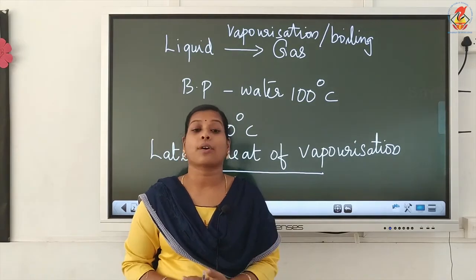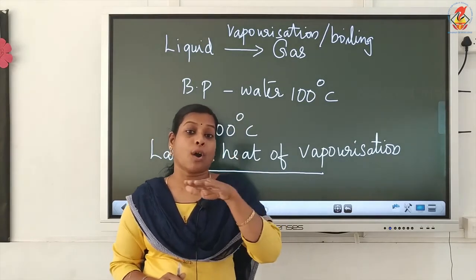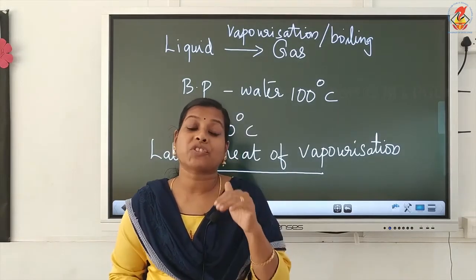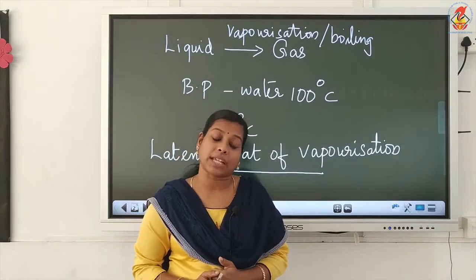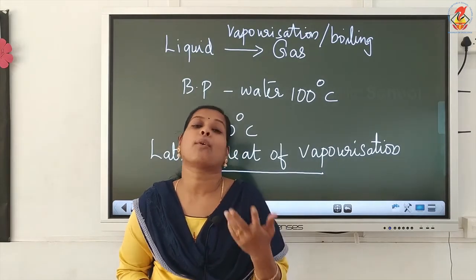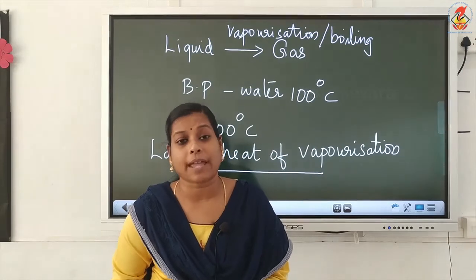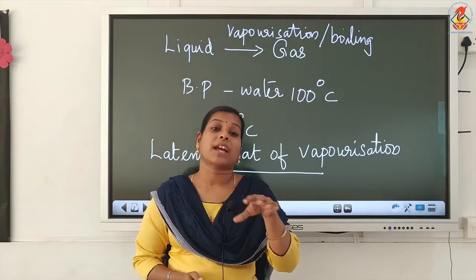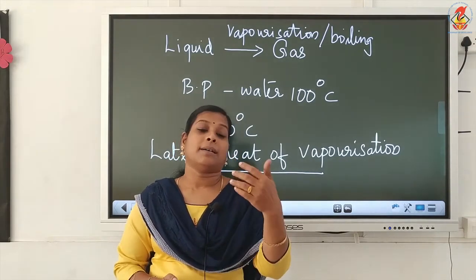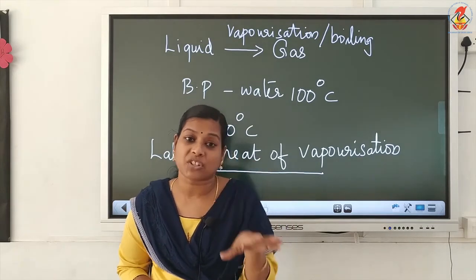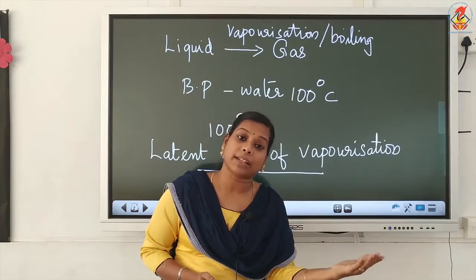Here also we have to mention that normal atmospheric pressure. That is because if we are changing the atmospheric pressure, definitely we can change the boiling point also. When we discussed the melting point, there also I mentioned that if we are changing the pressure, definitely we can change the melting point.